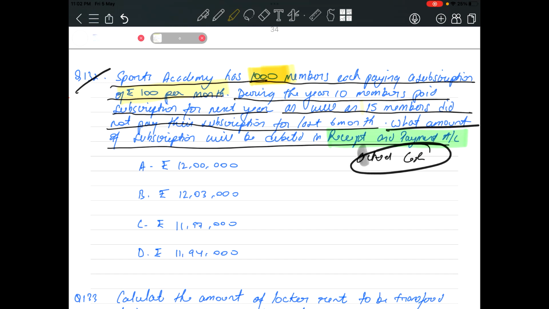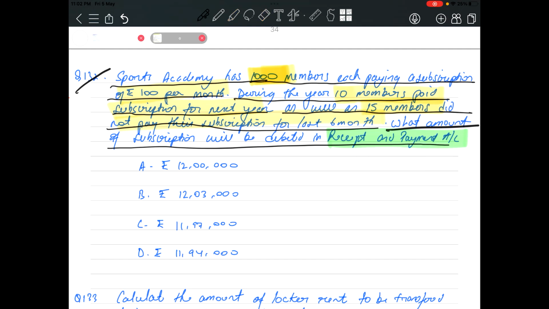Out of this, 15 members did not pay the subscription for last 6 months, whereas 10 members paid their subscription for next year. Now let's see how we will solve this type of question.